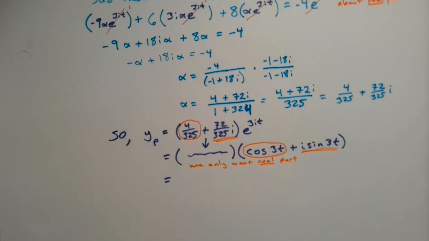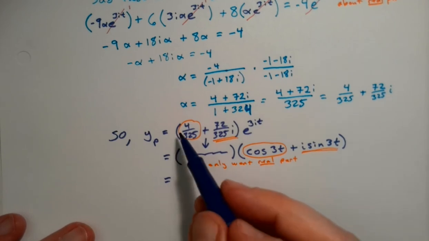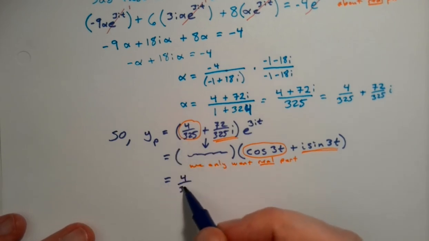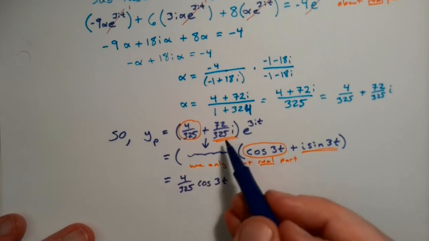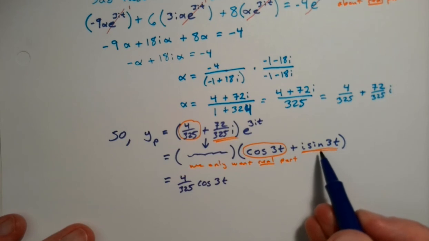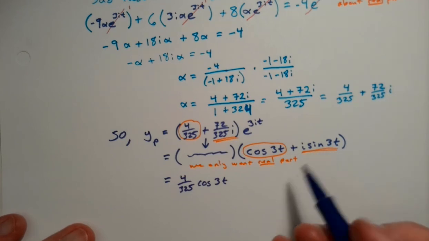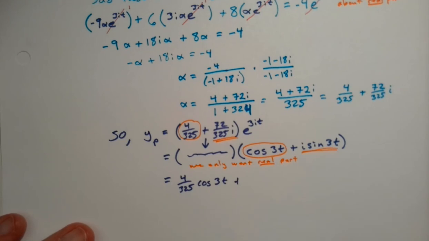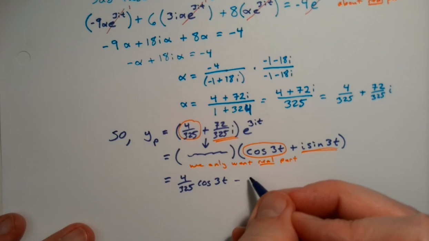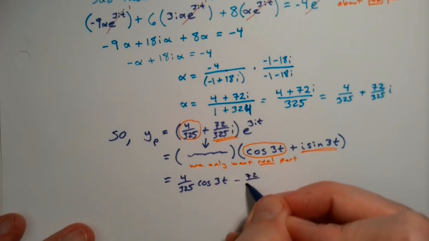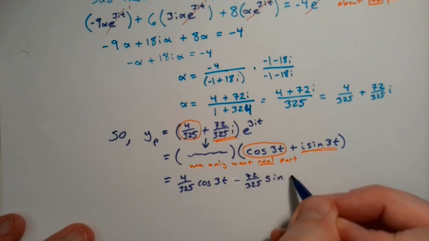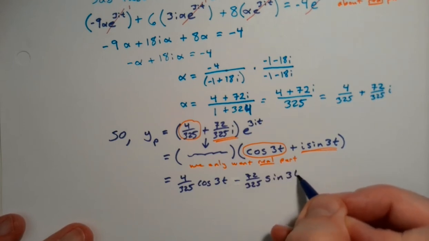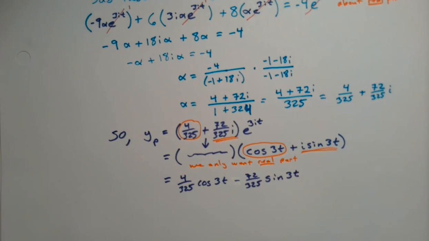And so you'll wind up with the real part being 4 over 325 times the cosine of 3t. And this guy right here is going to give me a negative 1 from the I squared, so minus 72 over 325 times sine of 3t. That's the real part. Those two pieces are the real part.